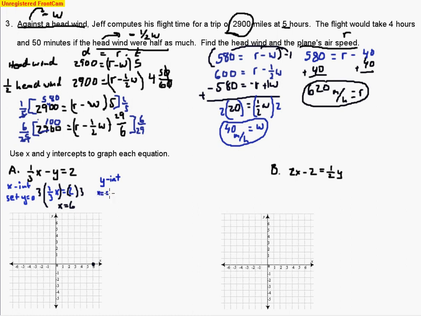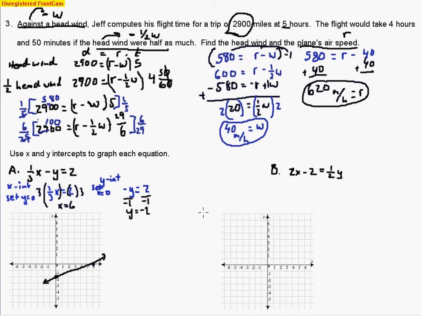And so we're going to set that x equal to 0, and what we've got left over when we cancel out this term is just this negative y equals 2. So from that point, just divide by that -1, and we'll have our answer, y equals -2. So there it is. Down 2 spaces, put the dot, and draw the line between those points. So there it is. There's the one.